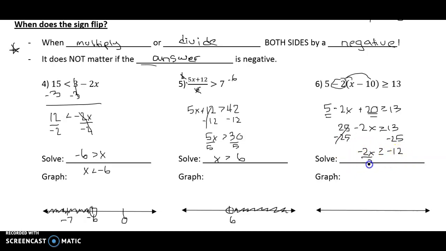Divide by a -2. When I divide by a negative, what happens with the sign? Yikes. It flips. Now look, that's what I'm talking about. I don't care if the answer is negative. This answer is positive. You still have to flip the sign because I divided by a negative. Okay? So pause it, make sure you graph it correctly with a closed circle to the left.